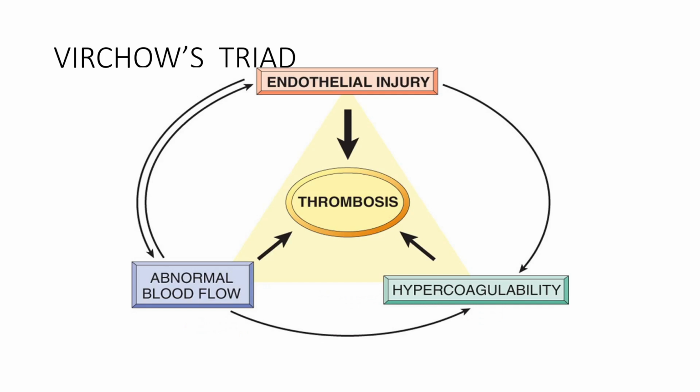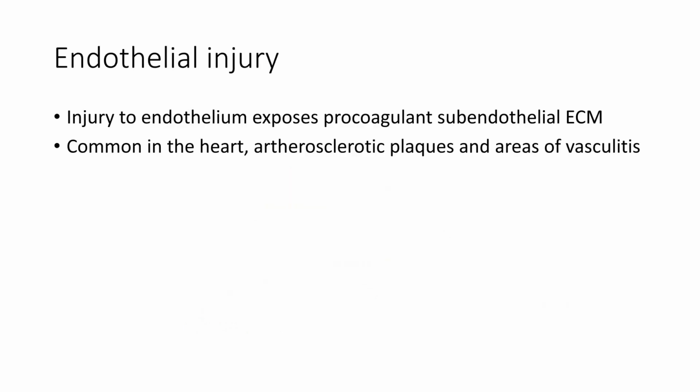Endothelial injury exposes procoagulant subendothelial extracellular matrix. So we have those procoagulants such as ADP and calcium being exposed and setting up a chain of reactions resulting in coagulation.